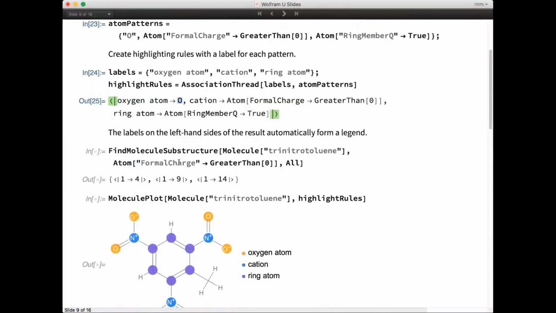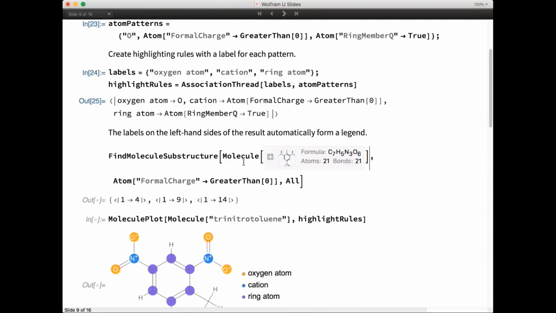And so if we wanted to, we could take a molecule like, in this case, molecule trinitrotoluene. I'm going to hit Command Enter here and evaluate it in place so that you can see what it looks like. What we do is we find molecule substructure of the molecule and then the substructure pattern. In this case, we just want to know where the atoms with a positive charge are, and we want all matches.